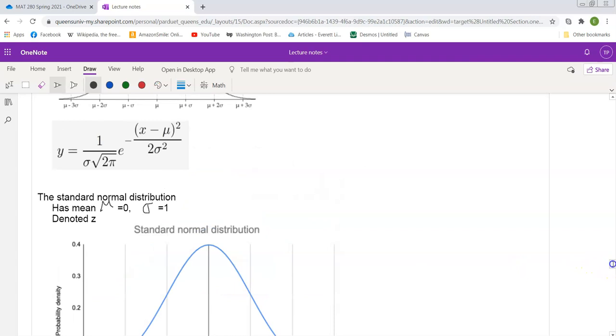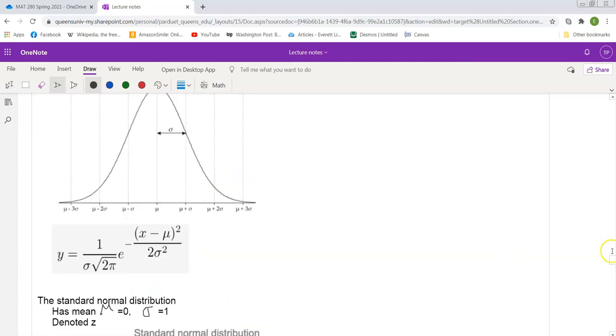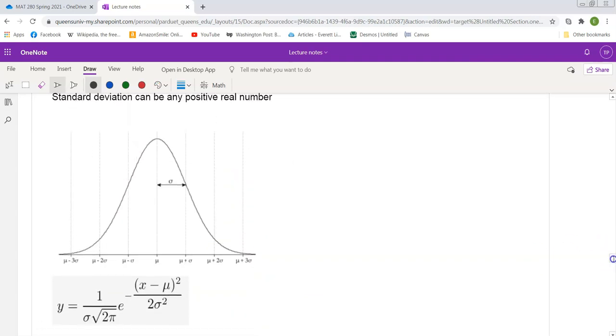So the normal distribution, I guess I should talk about this picture a little bit. Mu is in the middle, and we usually sketch out 3 standard deviations in either direction, even though it theoretically goes out to infinity in both directions. It's just that this gets infinitely close to the axis.